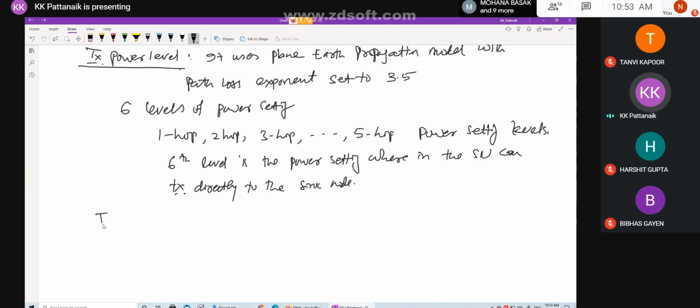And one more thing, in a sensor network the transmission data rate is low, right?